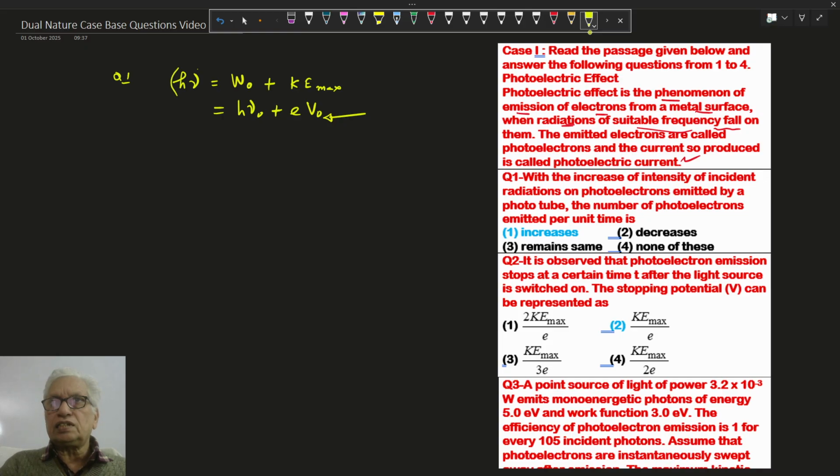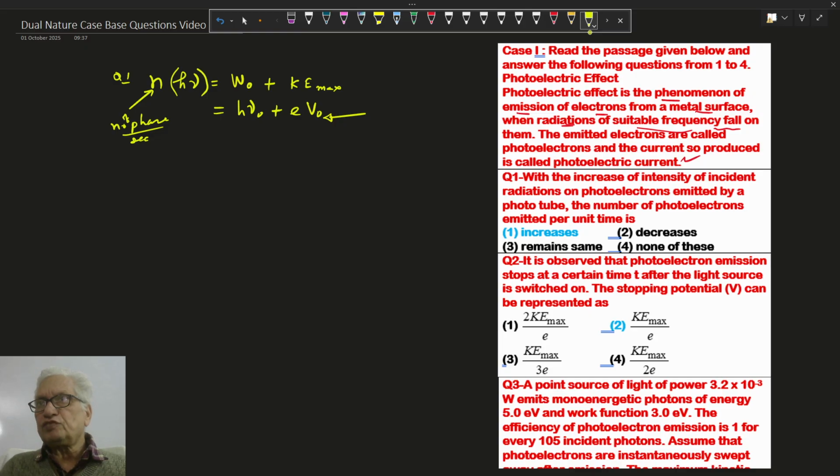So this is the energy of one photon. A number of photons are falling on the cathode per second, then this is called number of photons per second. So this becomes power, and n is the number of photons per second.